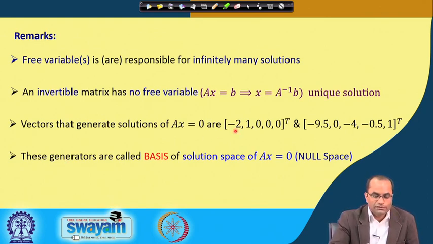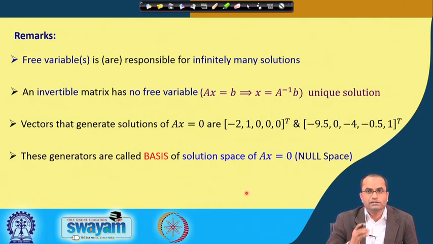These generators which we have just seen are called the bases because they are the main component that generates the solution. So, these are called bases of the solution space. Again, one more term has come: the solution space of Ax is equal to 0, because Ax is equal to 0 has infinitely many solutions in that case.